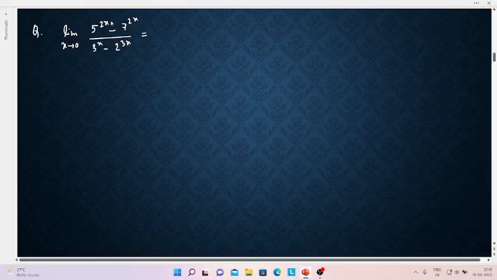5 to the power 0 is nothing but 1, and 7 to the power 0 is nothing but 1, right? So the numerator will become 1 minus 1, which is nothing but 0.